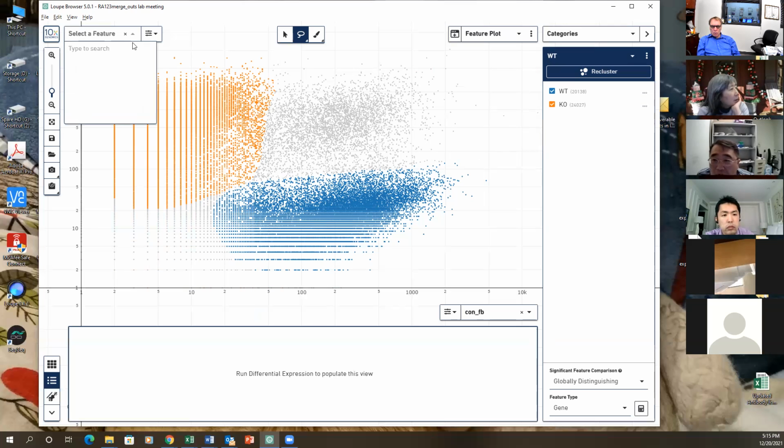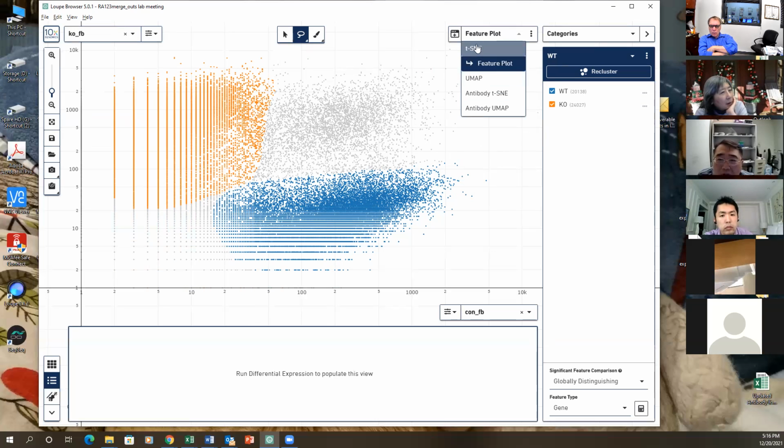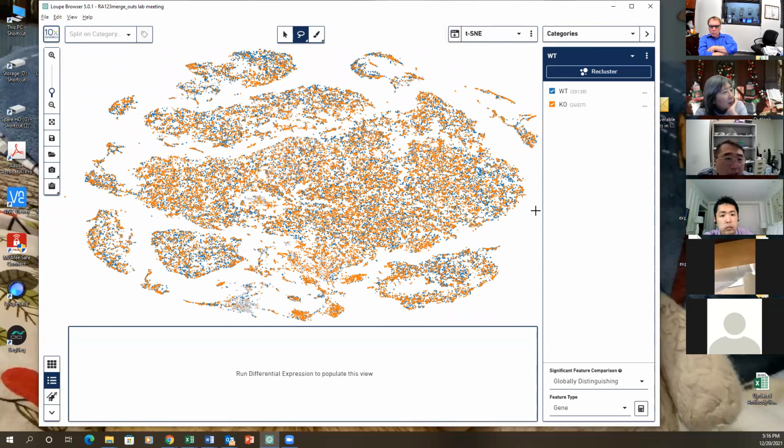You separate them already, WT and knockout, and then in each population you can gate the germinal center and the other stuff again. But we don't want to do that. We just want to see them. Oh, you want to see individual. You click the left. Side by side, put them side by side. There's a separate view. No, the top one. Click that one. Go down, scroll down. Click WT.